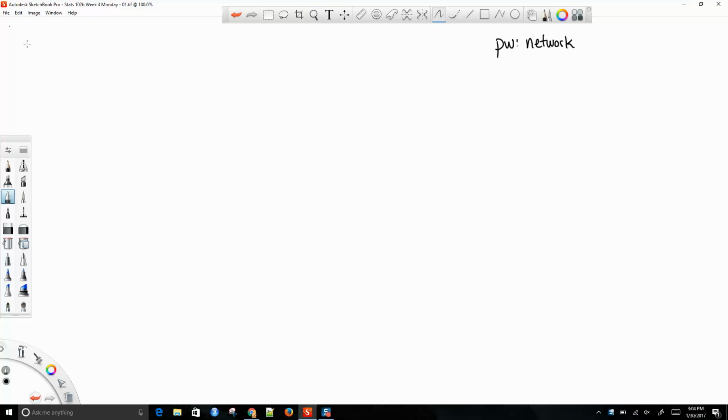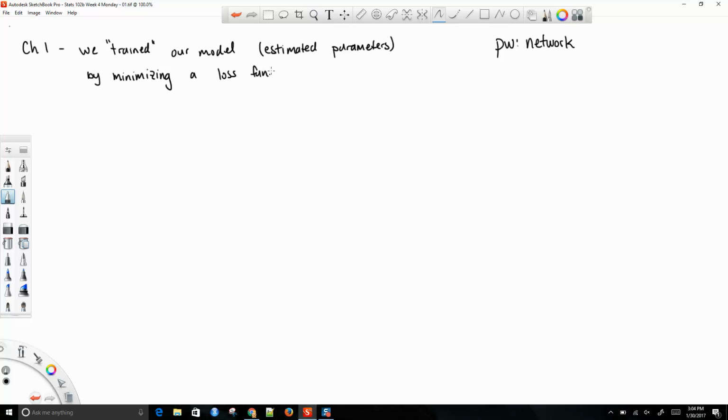So in chapter 1, we trained our model, or in other words, estimated parameters, by minimizing a loss function.